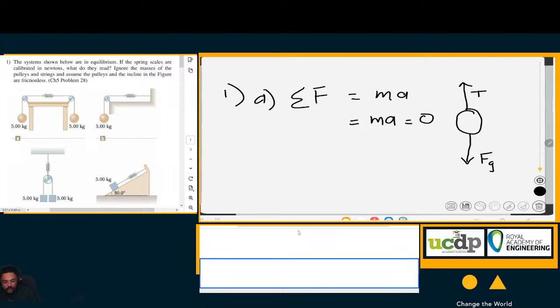It is the tension that is going upwards, and the force going downwards is the force of gravity. Another way of writing the force of gravity is just mass times the gravitational acceleration, mg. There is a negative in front of that because I chose upwards as positive.